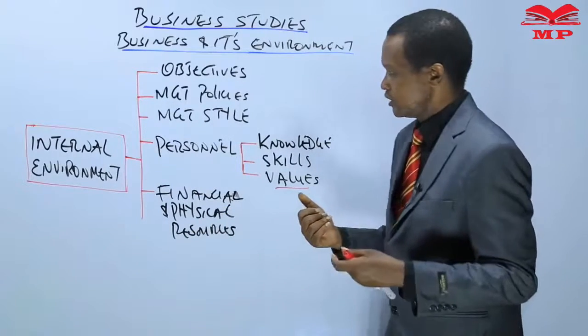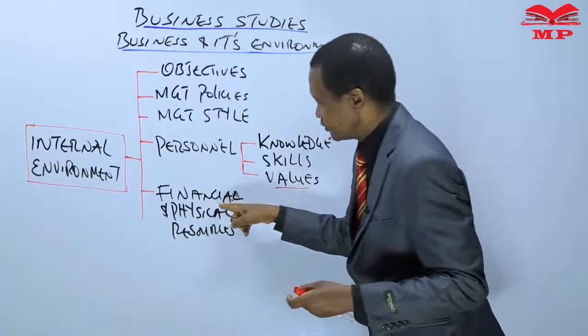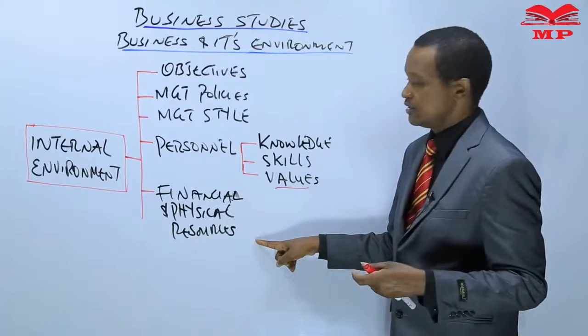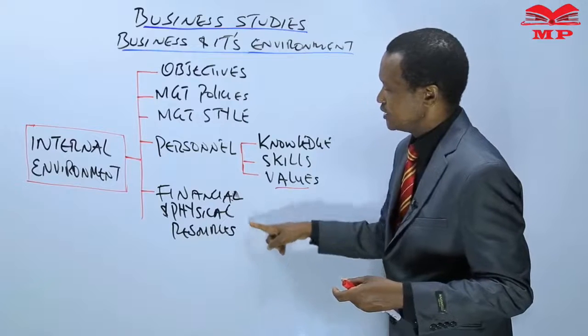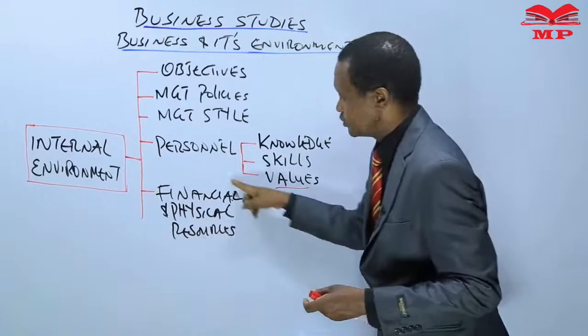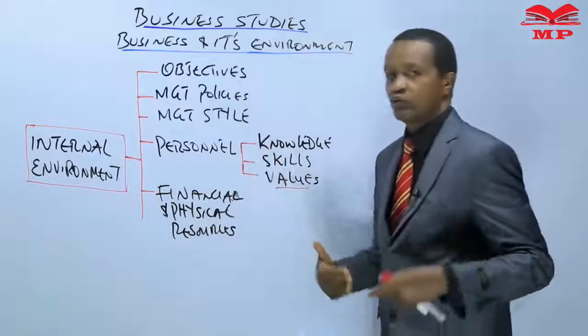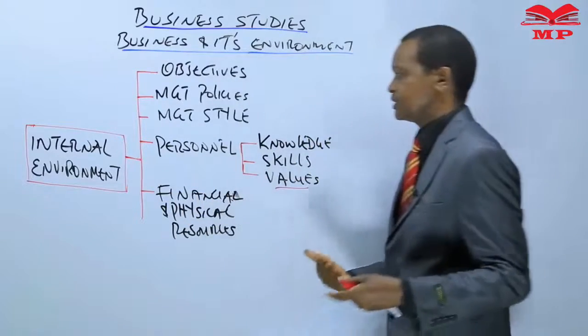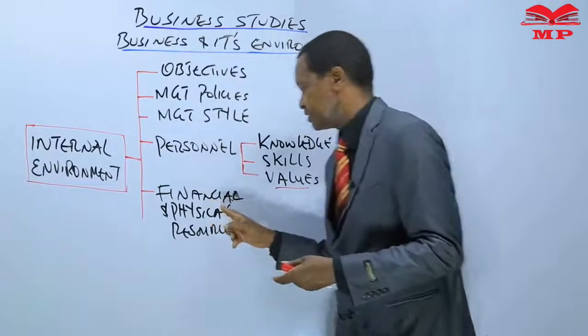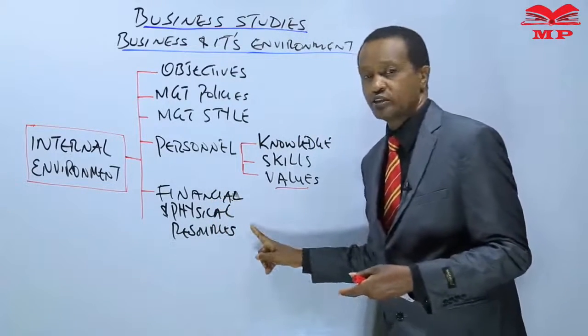So the financial resources and the physical resources, these are factors, these are conditions within the control of the company or the business. The business can acquire these physical resources.